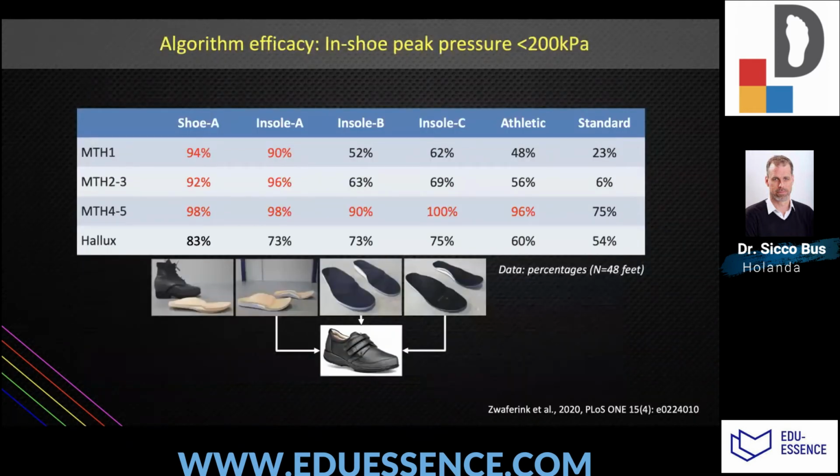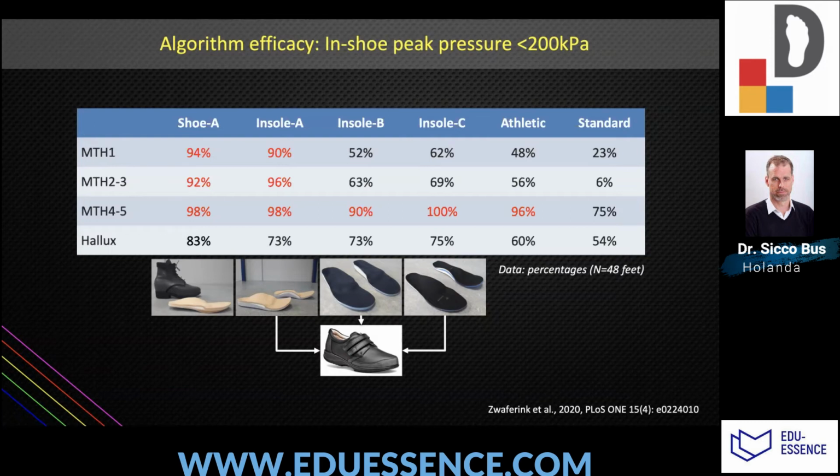And this approach, as we have shown in a recent study, works. So in a proof of principle study on 24 high-risk patients, this design was used in a fully custom-made shoe, which is shoe A, and in a custom-made insole, worn in an extra depth shoe, which is insole A. This approach showed that in more than 90% of the cases, the peak pressure was below 200 kilopascals at the metatarsal heads, where the foot ulcers mostly occur.